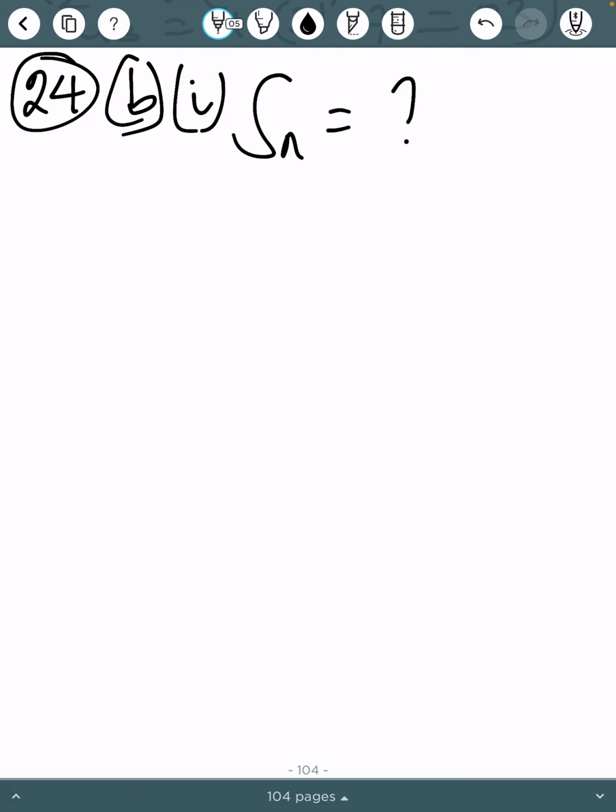We are looking for the Sn, sum of the first n terms of a sequence whose rth term ur is equal to 4 times 2 raised to the power minus r.